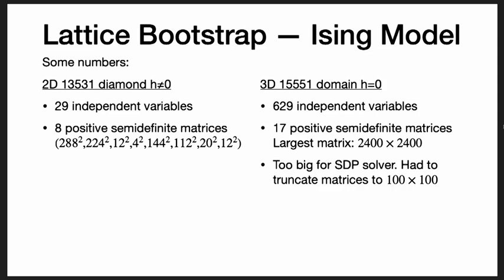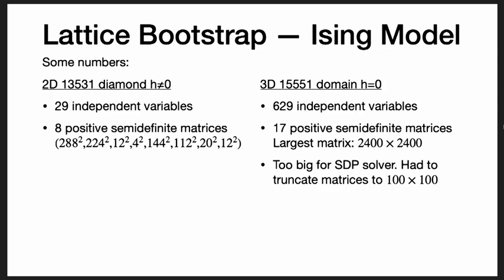For instance, in the largest region in 2D, there were 29 independent variables and 8 semi-definite positive matrices, with 288 and 200-ish being the largest sizes, so it doesn't look too bad. It's relatively small. For 3D, it was a little bigger. There were like 600-ish independent variables and a few more positive semi-definite matrices.